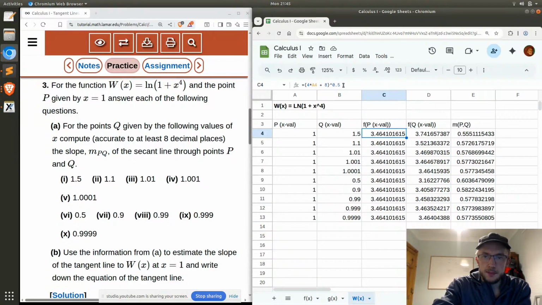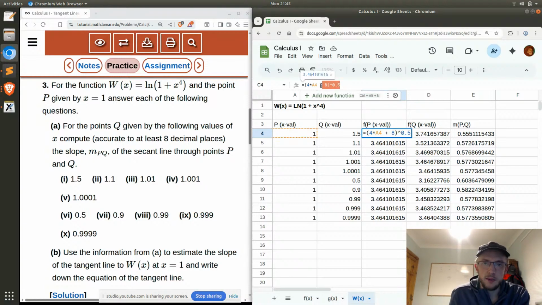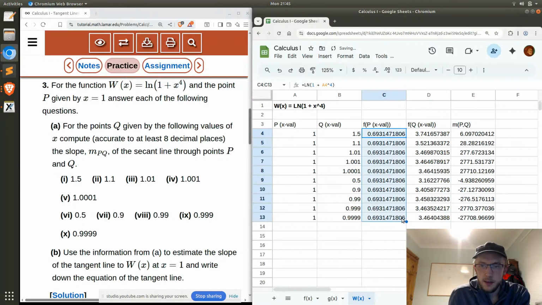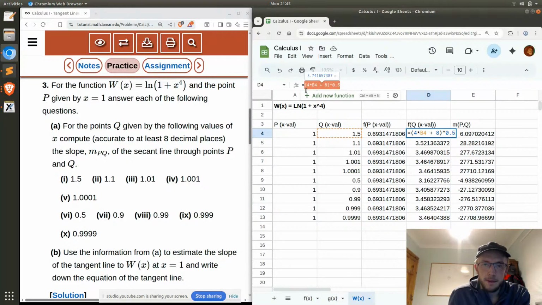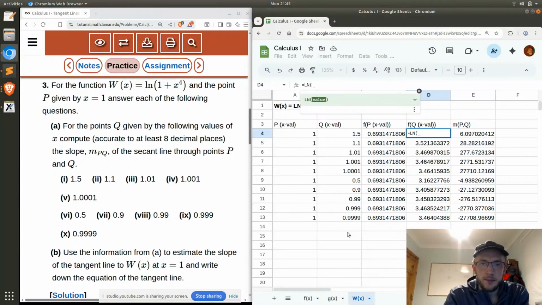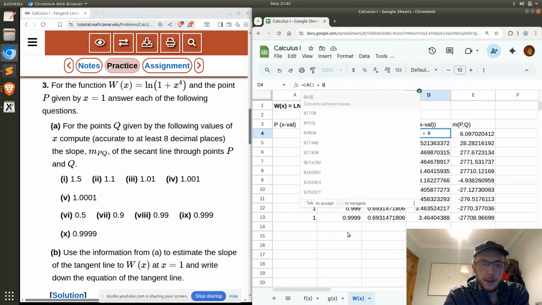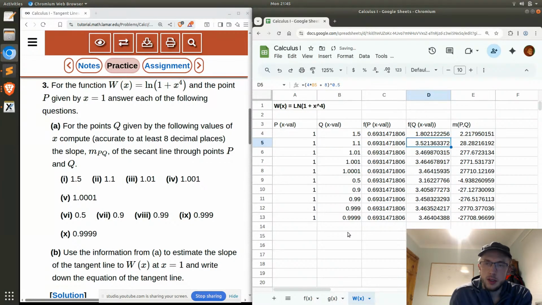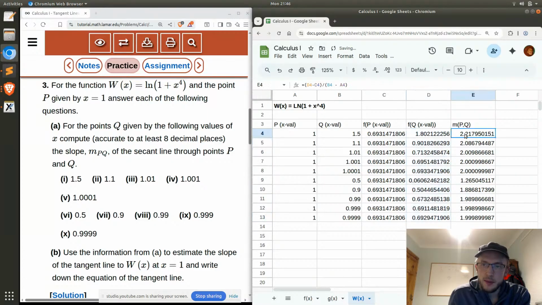Now we have to feed a4 into that function. So ln 1 plus a4 to the 4, close brackets, and extend. Then we must feed b4 into the function. First feed the p-value in, then feed the q-value in. Ln 1 plus b4 to the 4 and extend it.